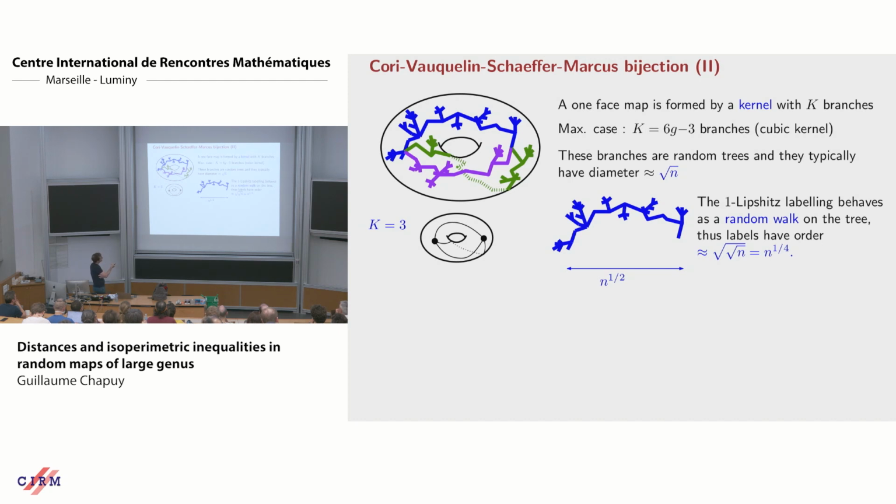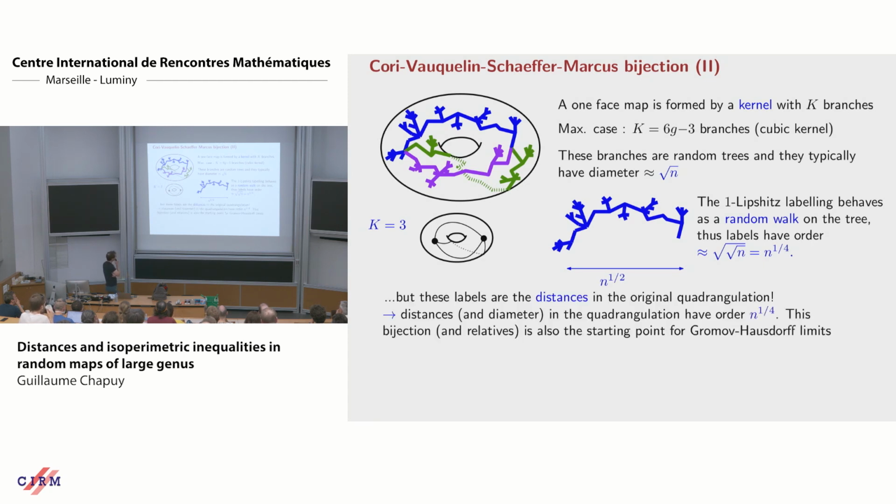Then the 1-Lipschitz labeling that you have on your random tree is essentially a random walk on the branches of your random tree. Because your random tree has branches of order square root n, the elevation of this random walk is of order square root of square root n, which is n to the 1/4. So this bijection directly gives you access to the typical order of these labels, and these labels are just the distances of the map by construction.